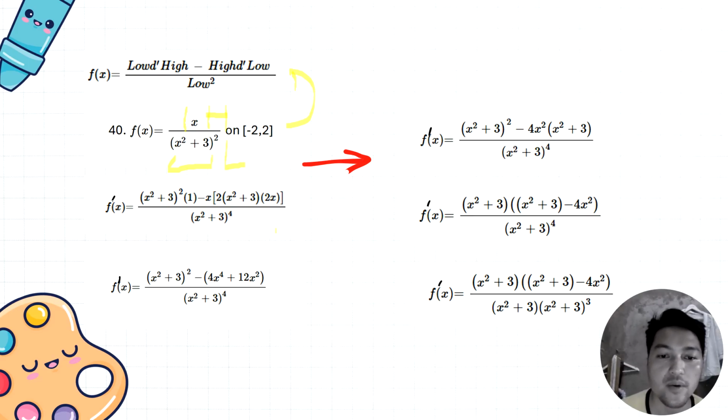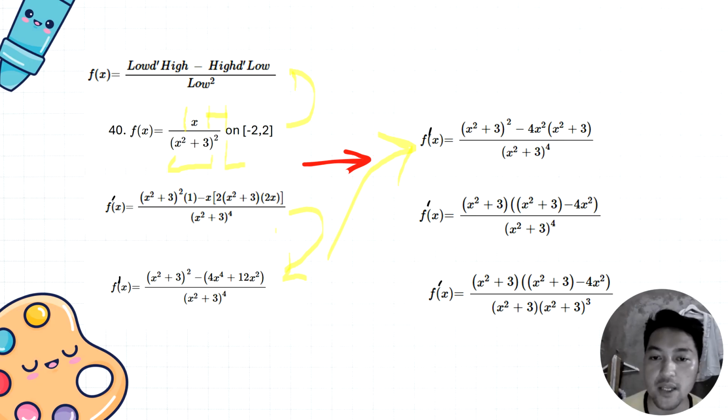Now we are going to simplify it further. Then we identify the common factor on both the left and right terms.